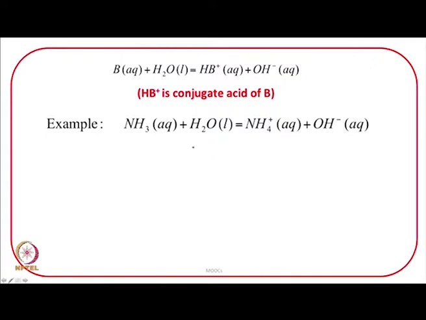Obviously here, if NH3 is a base, NH4 plus is its conjugate acid. Ammonia acts as a base, ammonium ion acts as an acid, and we will discuss a bit later whether it acts as a weak acid or a strong acid.